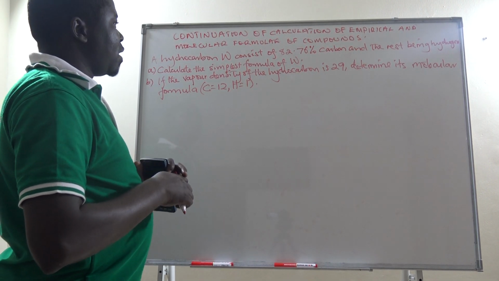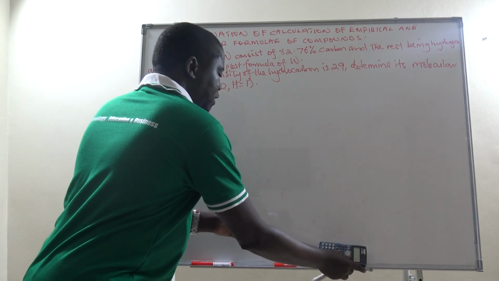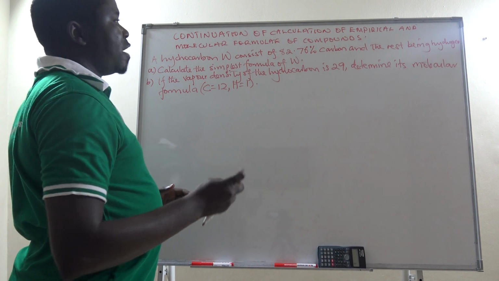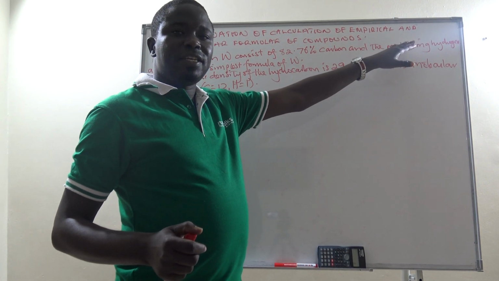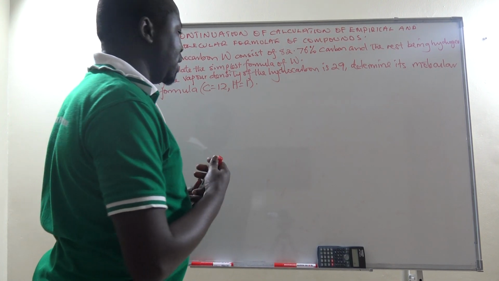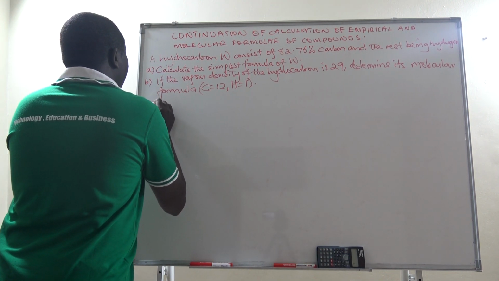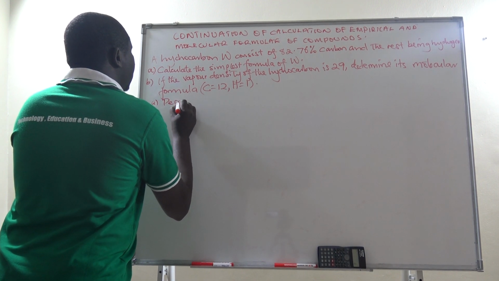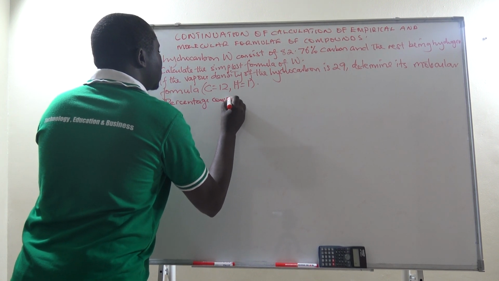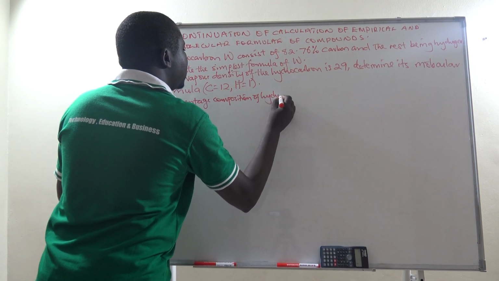determine the empirical and the molecular formula of this hydrocarbon with the percentage composition by mass of carbon being 82.76, and then they say that the rest is hydrogen. Even if we have not been told that the rest is for hydrogen, we just know that a hydrocarbon consists of carbon and hydrogen atoms only. So since they have said that the rest is hydrogen, let us firstly start by getting the percentage composition of hydrogen.